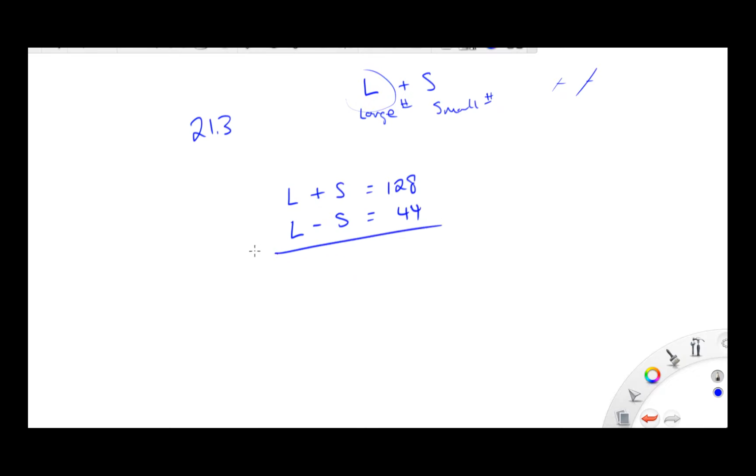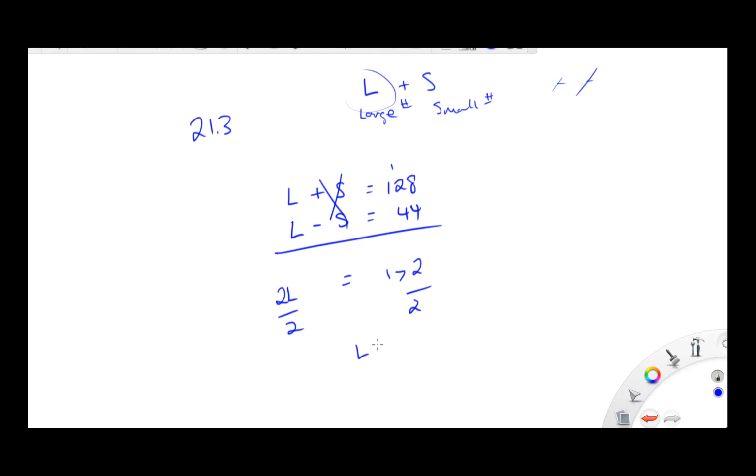You know what's great? This is an elimination problem, and it's so easy because the small number cancels out. So we have two large numbers equals, and then we're going to add these, okay? And the reason is because we want to find out what that large number is equal to.